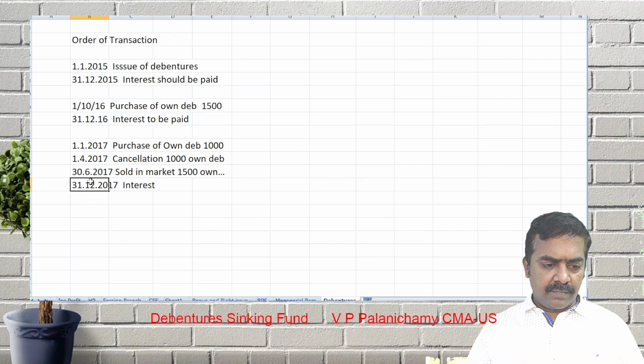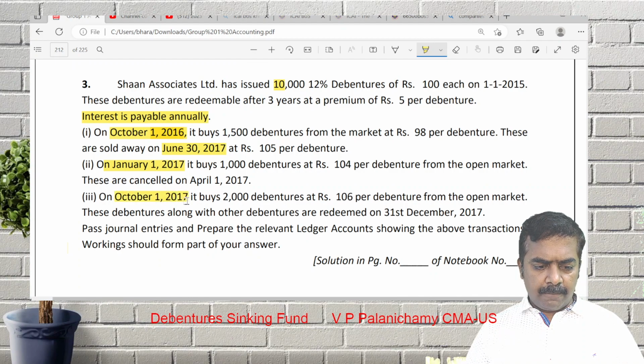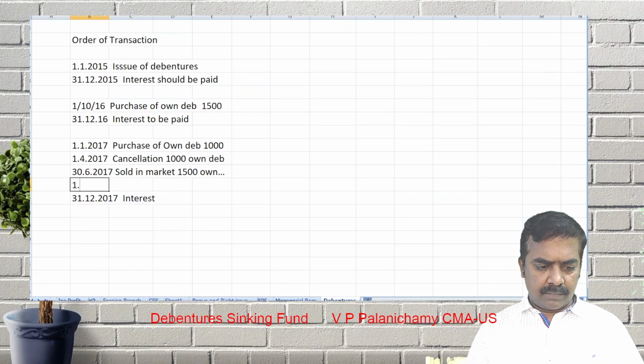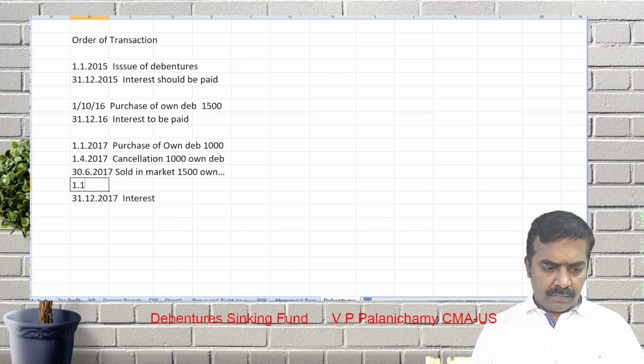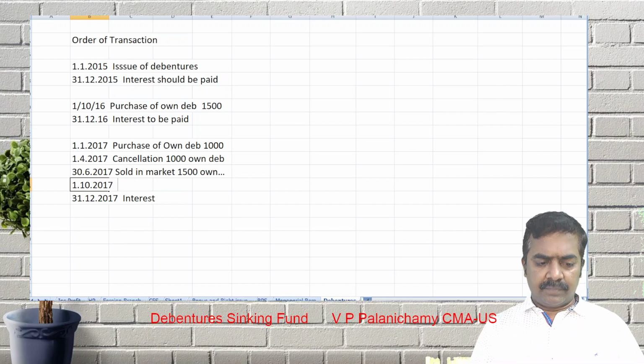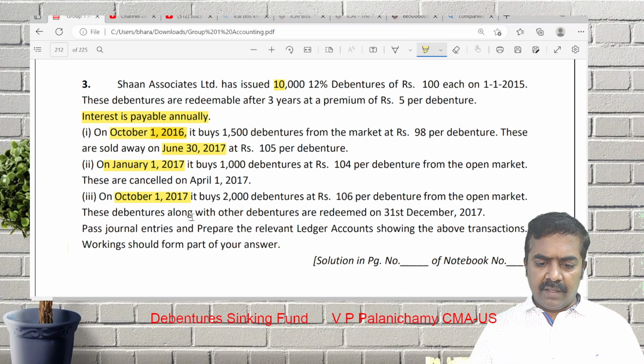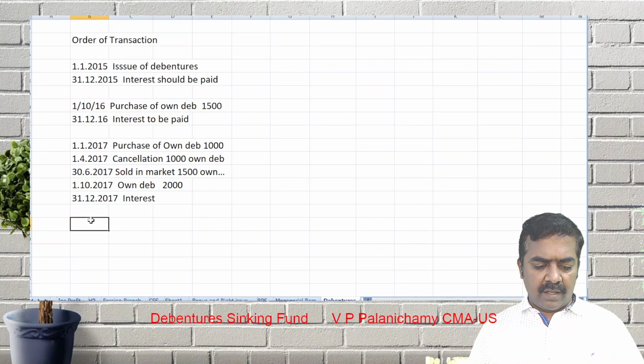Is there anything else in October? 2000 debentures. When do we purchase? 1st October. What do we do? Own debentures. How many debentures do we purchase? 2000 debentures we are buying. Then on 31st December we are redeeming debentures, but before that on 31st December 2017 what you have to do?